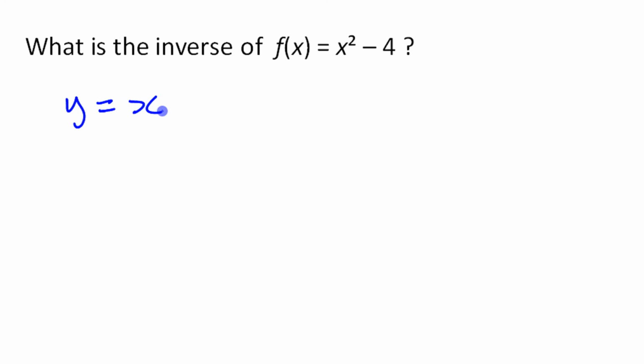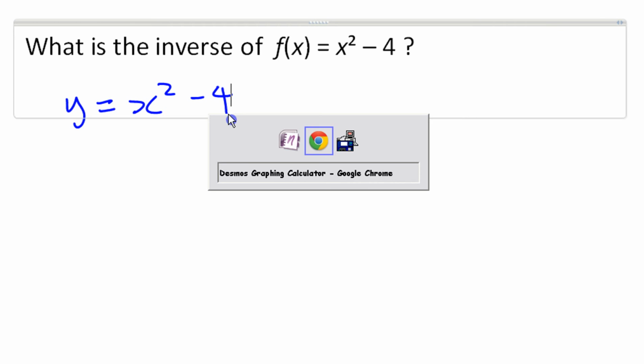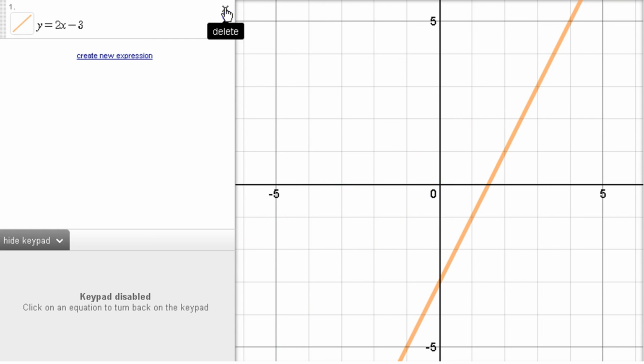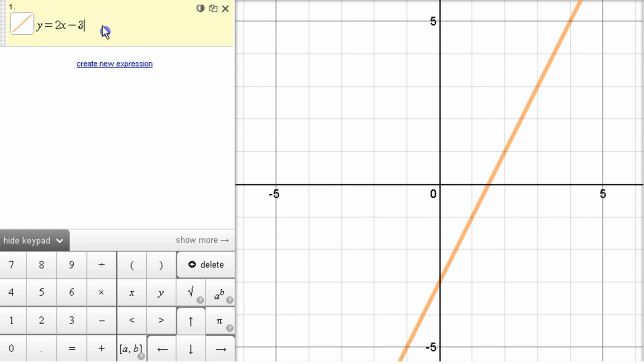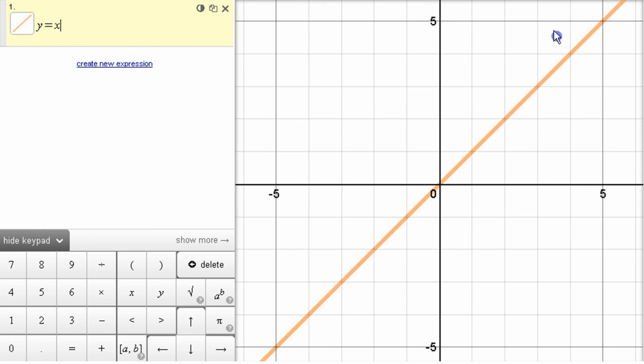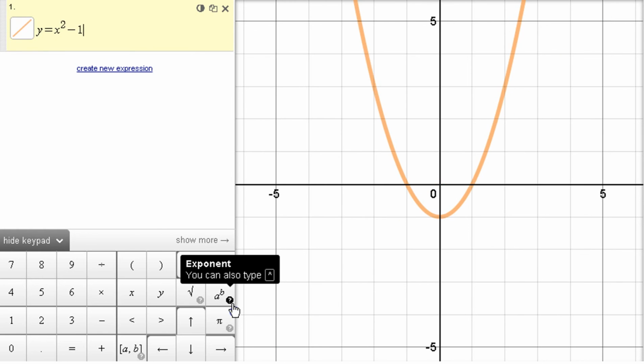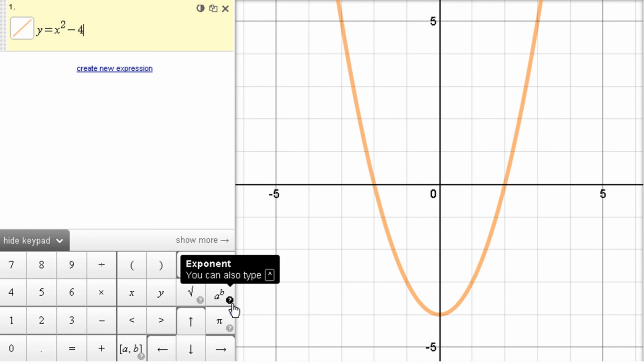We can say this function is y equals x squared minus 4. Let's go to the graph first and see what it looks like. X squared minus 4. Okay, that's what that graph looks like.